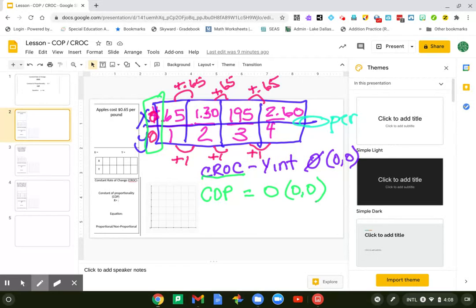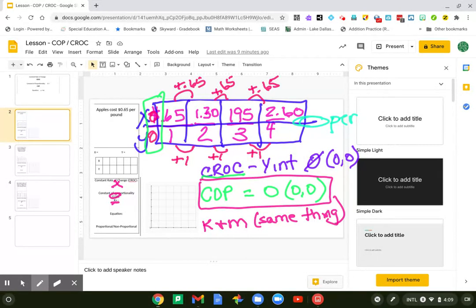So since I have 2 zeros there, this table and this line have a constant of proportionality. So you don't have anything on the constant rate of change, but you do have a constant of proportionality. Now the letter K, I told you a while ago, K and M are the same thing.